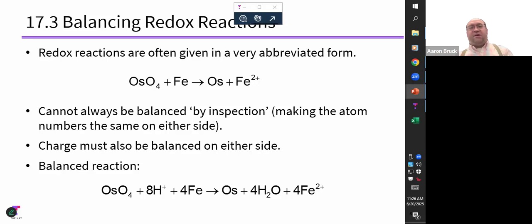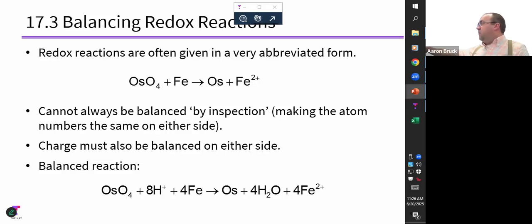So this reaction involving osmium oxide and iron, making osmium and iron 2, it's not as easy as just balancing out the osmiums. I don't know where oxygen came from.